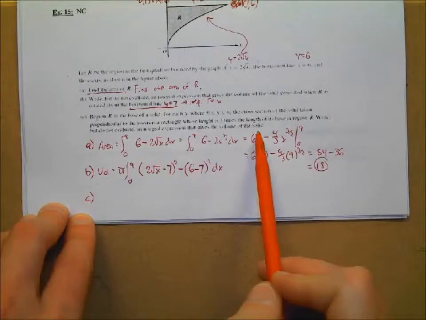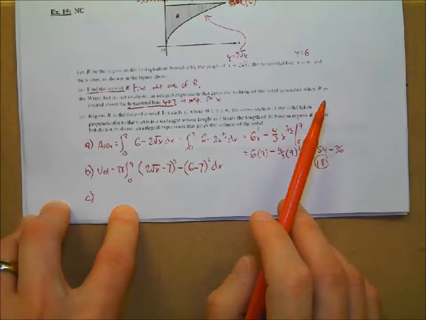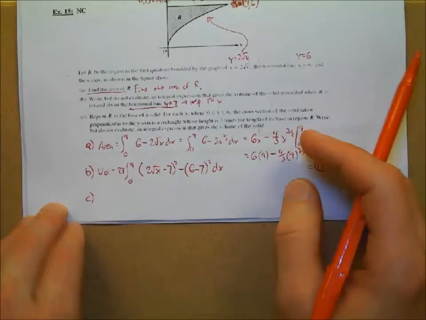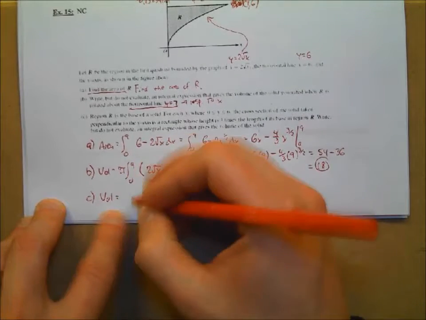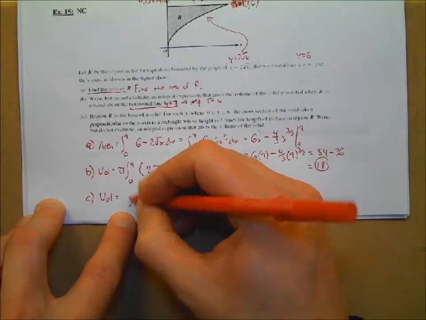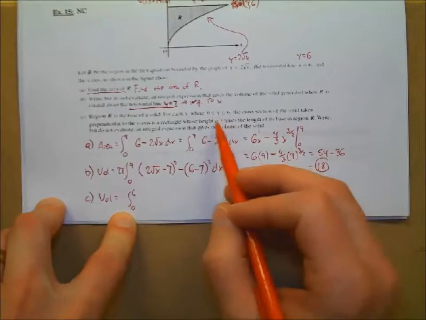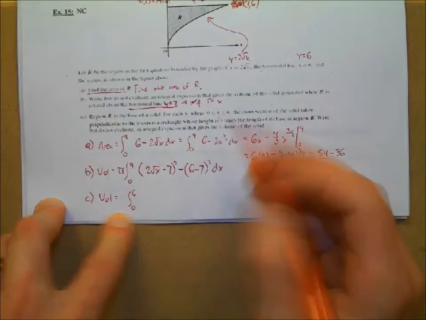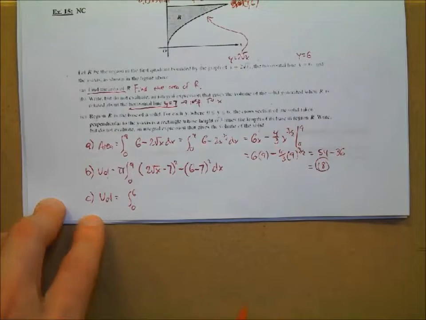Since our cross sections are perpendicular to the y-axis, we're going to have to write this integral with respect to dy, from 0 to 6. They hint at it here, only talking about y between 0 and 6, hitting you over the head with the fact that we have to do this with respect to y.